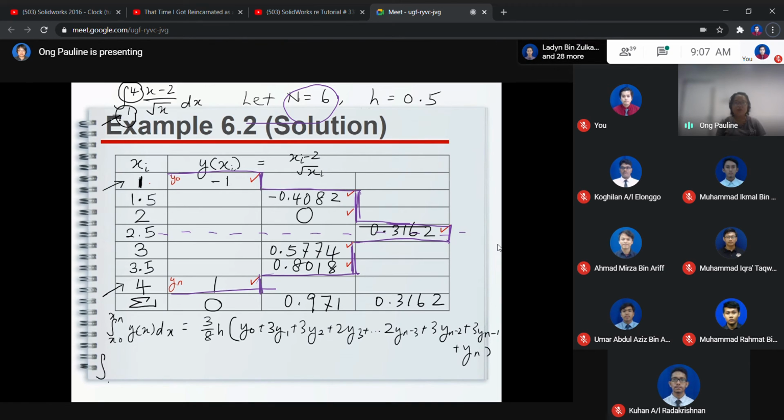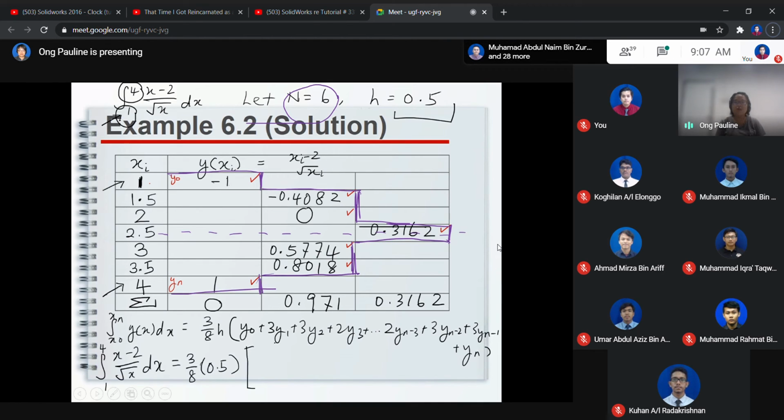Okay, so for this question, we want to evaluate the integral from 1 to 4 of (x minus 2) divided by square root of x dx. So Simpson's 3/8, I have 3/8 h, where h is equal to 0.5 when we let n equal to 6. Okay, so di sini kita masukkan h as 0.5.